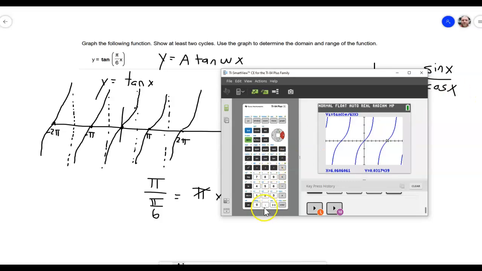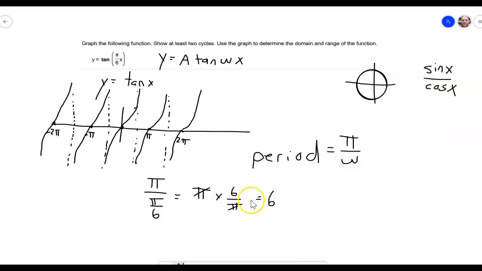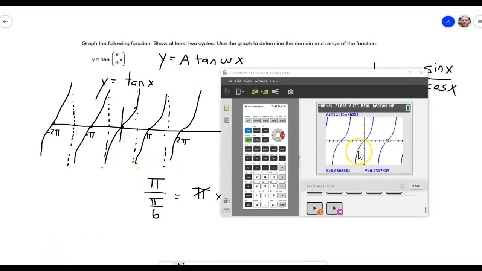All right. Hold on just a moment. All right, so it looks like our period is 6. Yeah, that's right.